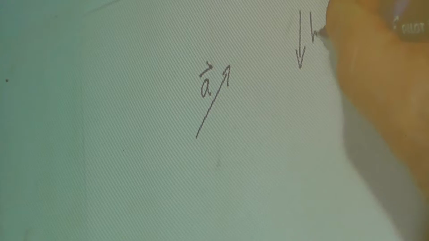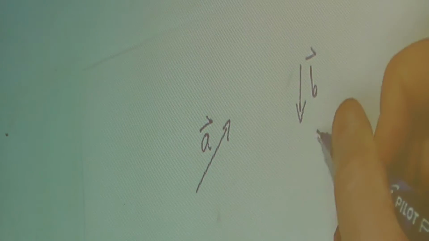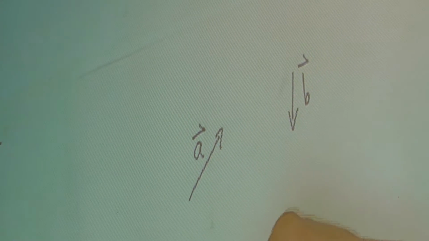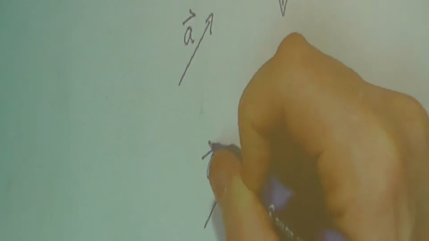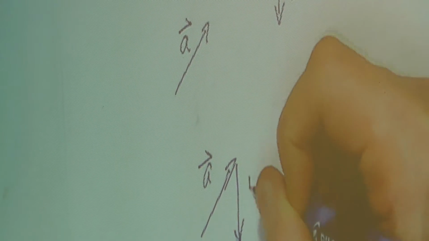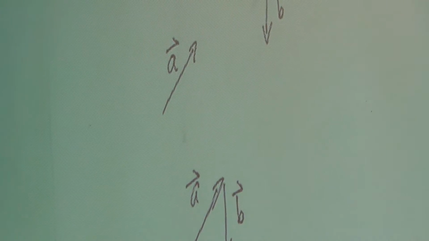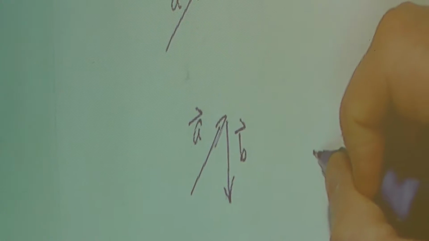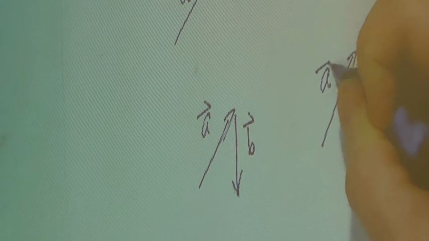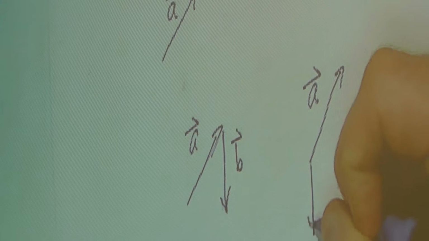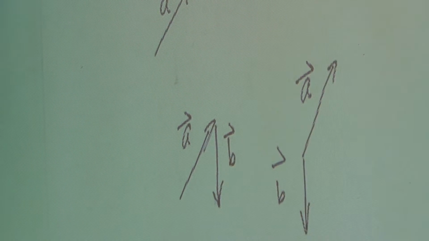So in other words, if I have a vector A and this is a vector B, I can pick B up and I can go, here's A, here's B, but I could also go, here's A, here's B. They're the same vector.